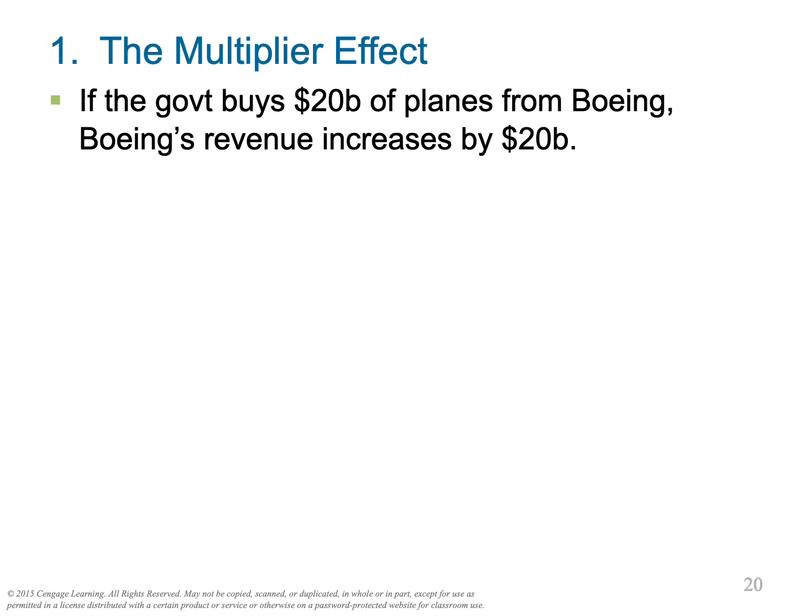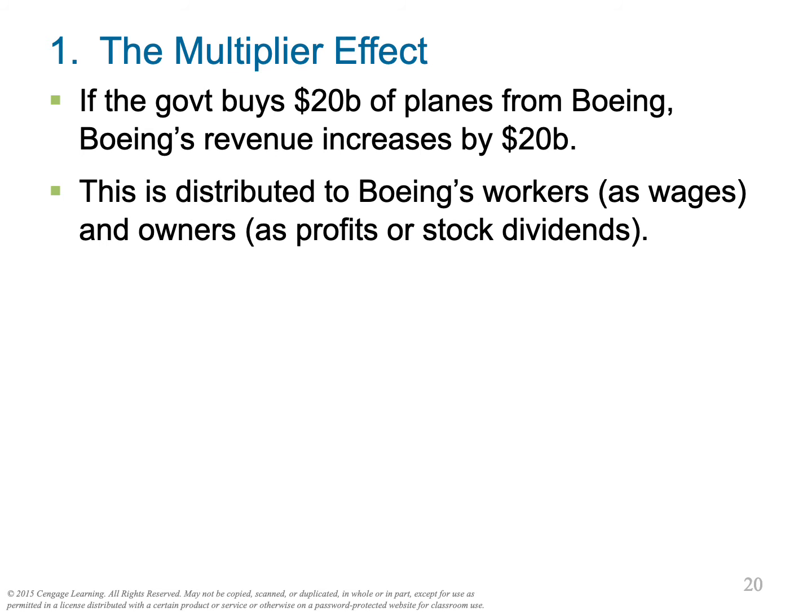Now, where does this money go? Well, it's distributed to Boeing's workers as wages, and it's also distributed to the owners of the company either as profits or stock dividends, which are basically profits distributed to shareholders. And so basically, the people that are directly affected by this make more money.